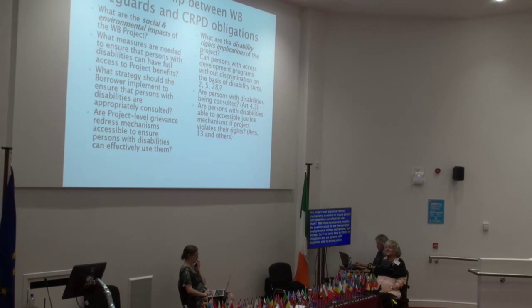I think she was doing this either late at night or in a bit of a rush. Able to access justice mechanisms if the project violates their rights. So Article 13 is access to justice, but it would have an interrelationship with what the project is designed for. So if it relates to education, health, or community living, you would have an interrelationship with those other articles.